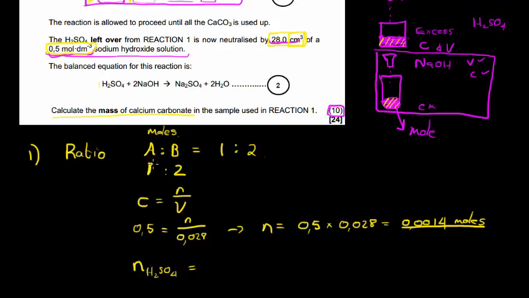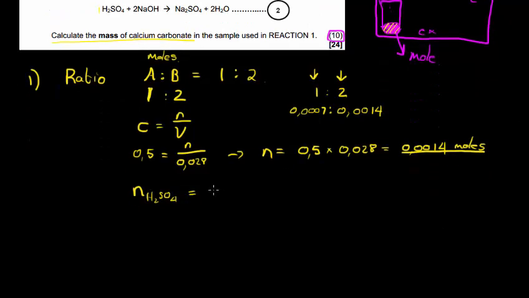Sorry, for every 1 acid we use 2 bases. So if this is 1 to 2 and we want this one to be 0,0014, notice that the acid side is half of that side. So this one must be 0.0007.